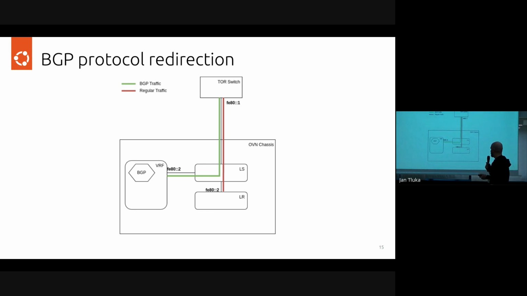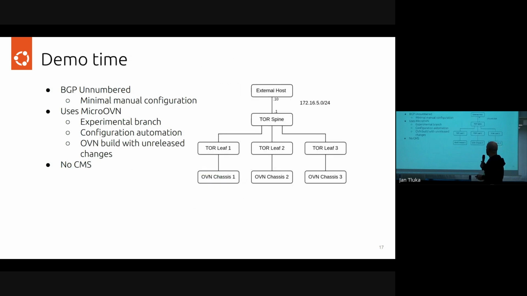This causes it to show up in the BGP daemon, and the top of rack switch daemon thinks that it's talking to a peer that listens on the IP address of the logical router port.